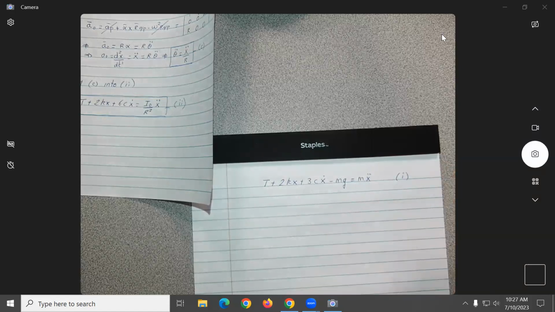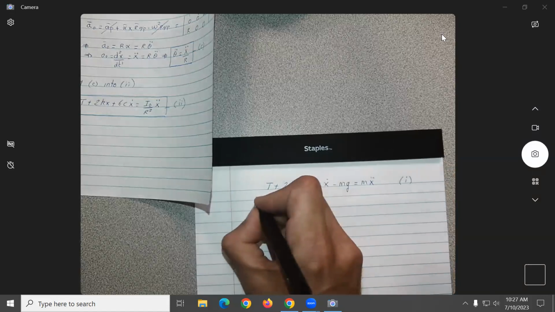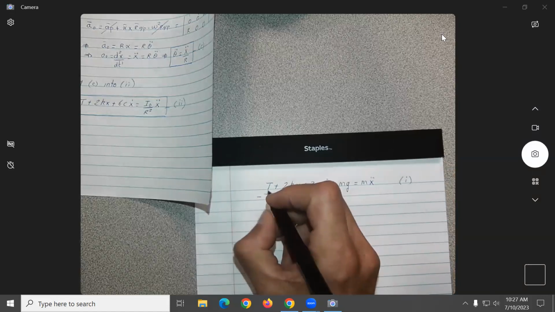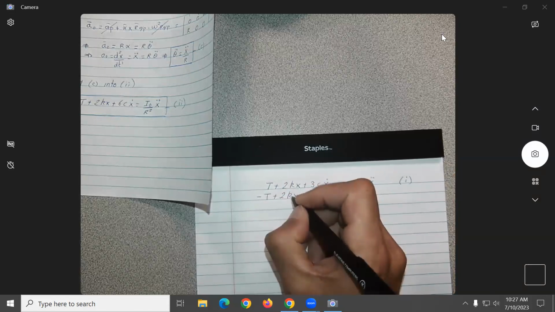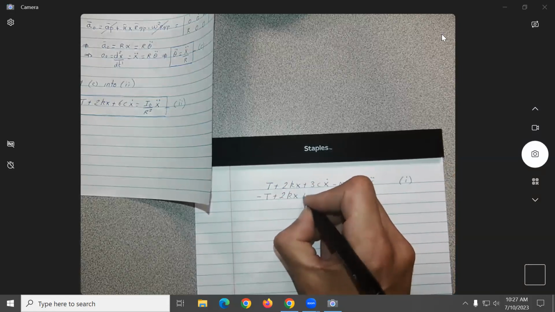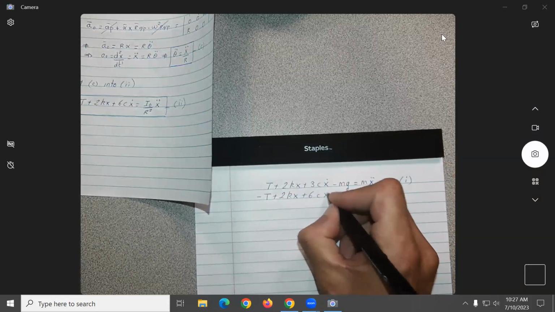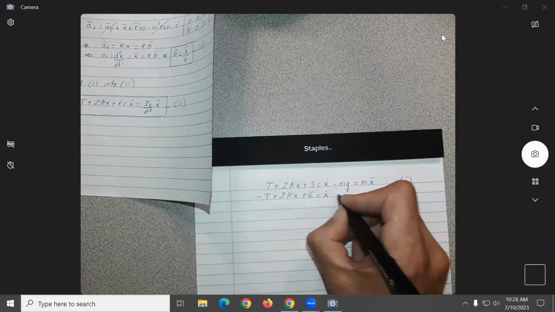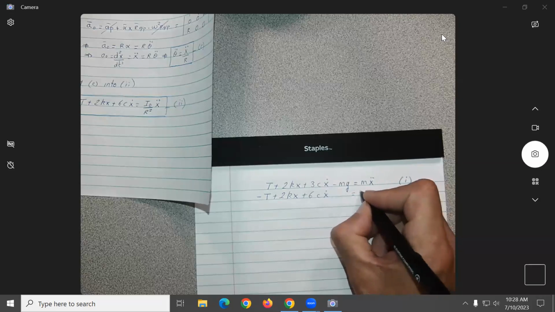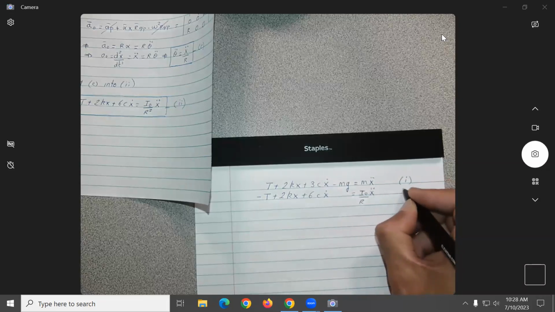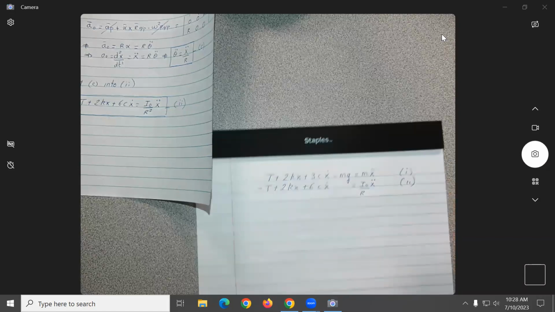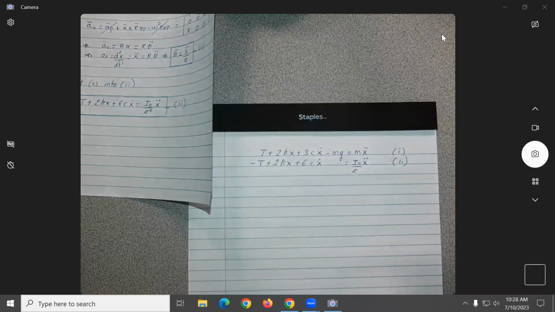So that is equation 1. And the other one is minus T plus 2kx plus 6cx dot equal to I sub naught over R x double dot. And this is our equation 2.